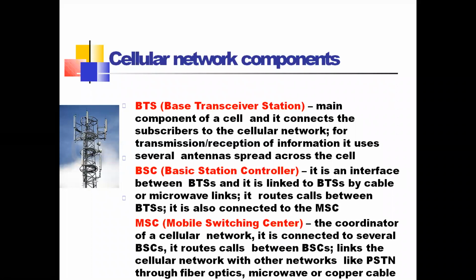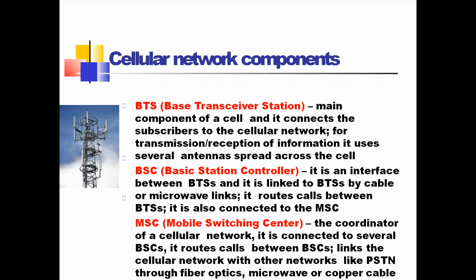Whereas coming to the mobile switching center, it connects several base station controllers. It also acts as an interface between other networks like PSTN. PSTN is nothing but the public switched telephone network. That means for landlines also it connects the mobile phones.